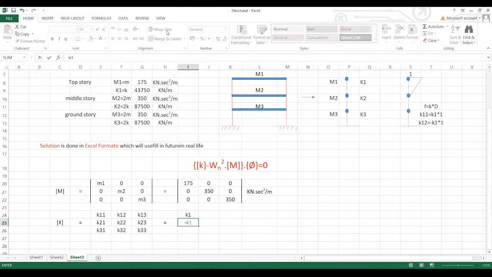Now if we put the number, then minus K1, why is it not showing, bro?